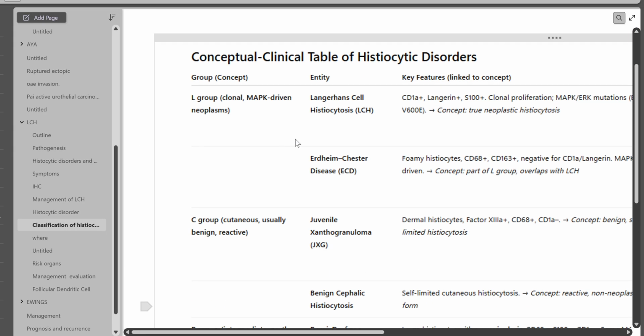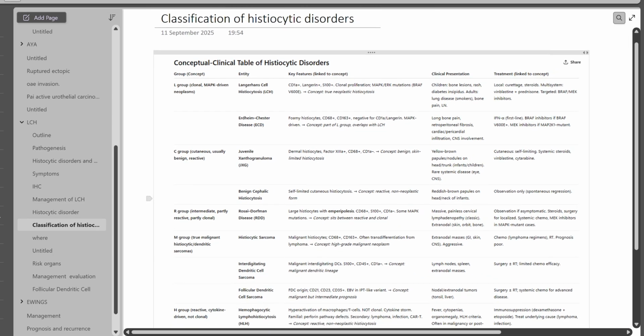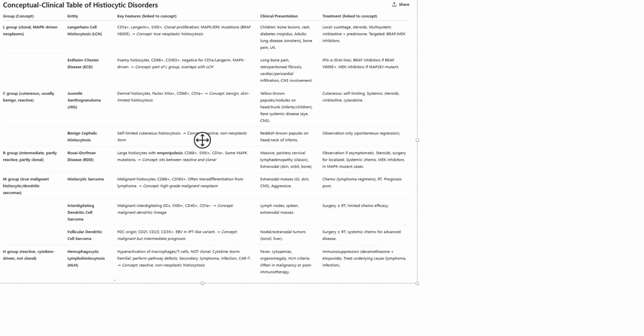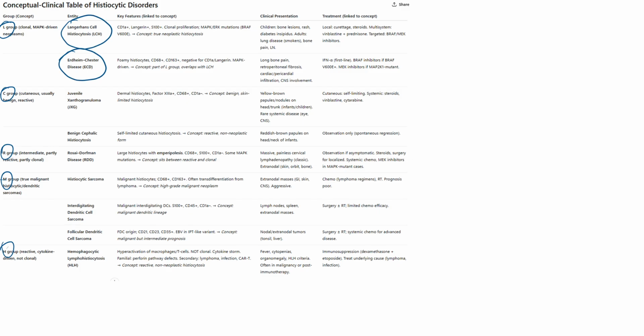If you need to overview the classification of histiocytic disorders, look at it in the way we derived it, but this is the correct classification, which is L group, C group, R group, M group, and H group. L group is Langerhans cells and Erdheim-Chester disease.